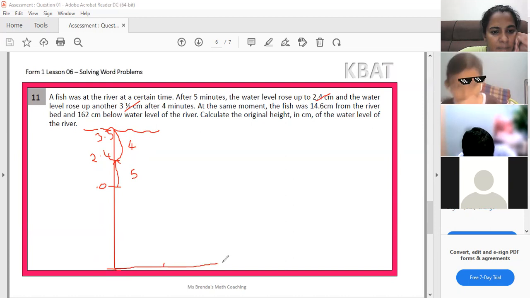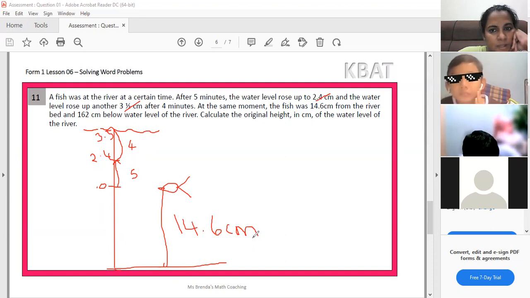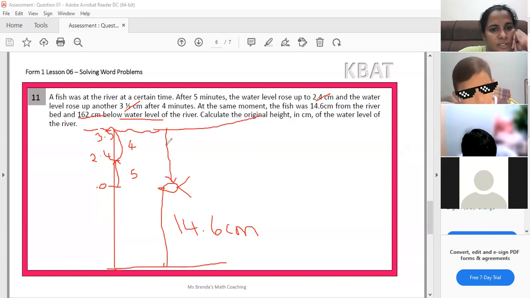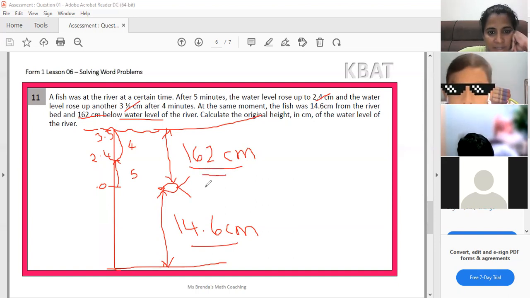From the river bed, this fella, the fish, is 14.6 centimeters and 162 centimeters below the water level of the river. So this is the water level, and this fish is below here, 162 centimeters below the water level of the river. From the river bed, the fish is 14.6 centimeters, and from the water level of the river, the fish is 162 centimeters.